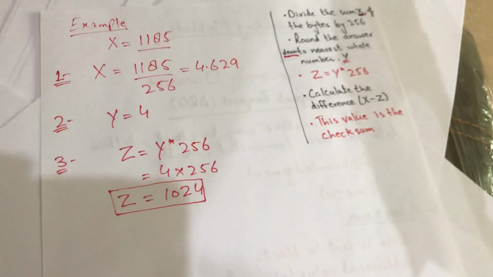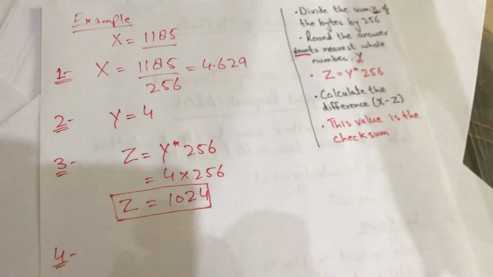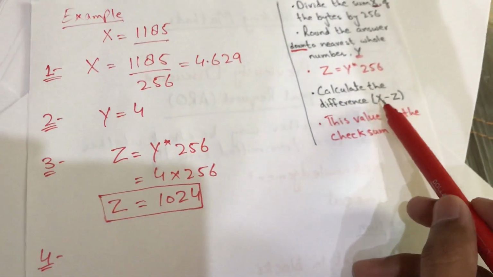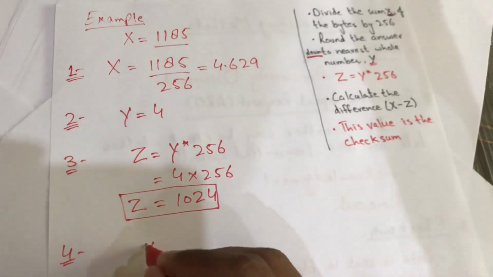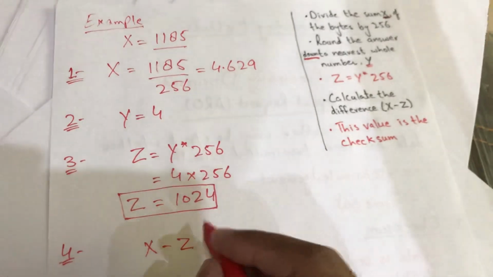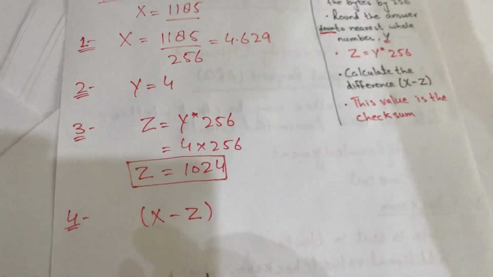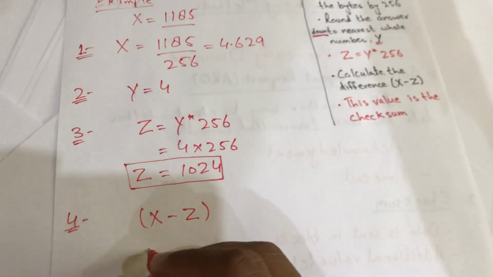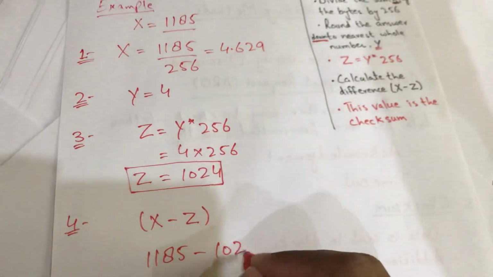Now the fourth step is to calculate the difference, x minus z. The value of x, which is mentioned at the top, is 1185, minus 1024.